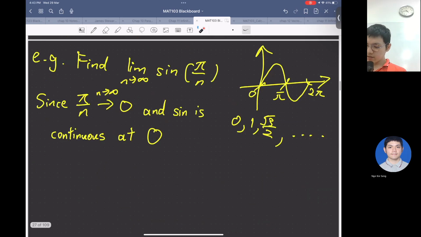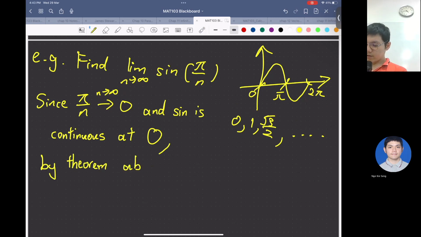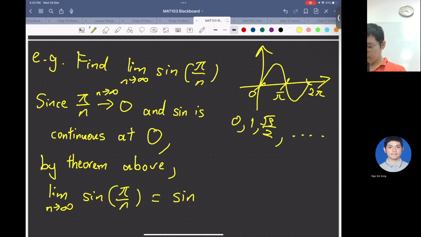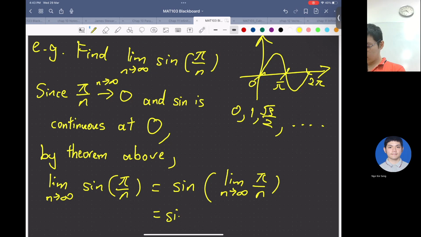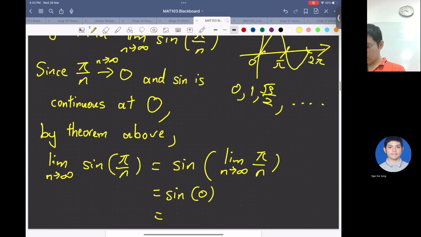By the theorem above, the limit as n goes to infinity of sine(pi over n) equals sine of the limit taken inside, which is sine of 0, which is 0.